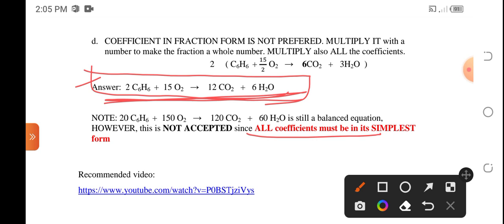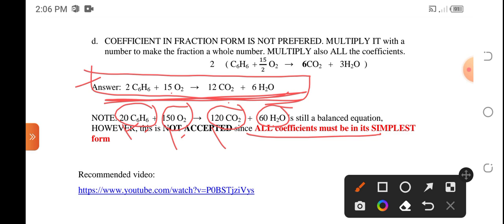But say for example, you come up with 20 C6H6, 150 moles of oxygen, producing 120 moles of carbon dioxide and 60 moles of water. As you could see, parang balance din naman sila. Balance pa rin. May count mo yung carbon, hydrogen, and oxygen for each side, reactant side and product side.